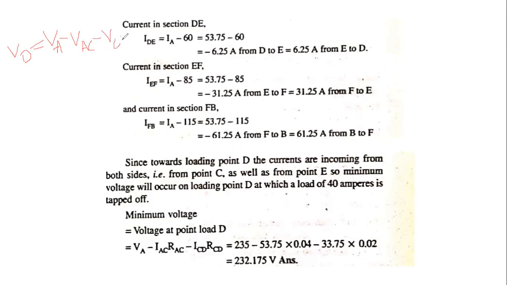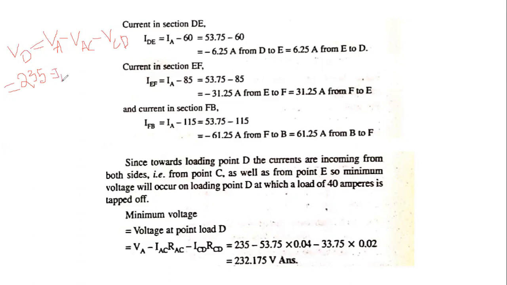D is the minimum potential. What is the VA value? 235 volts. So VD is 235 minus VAC. What is that VAC?